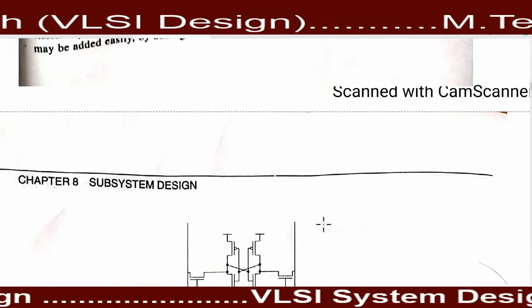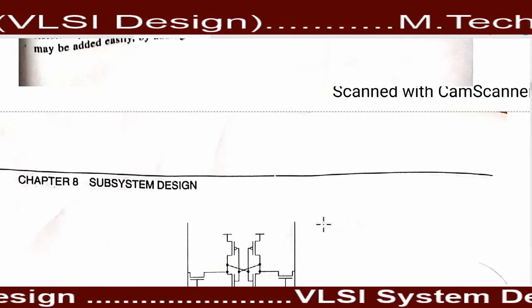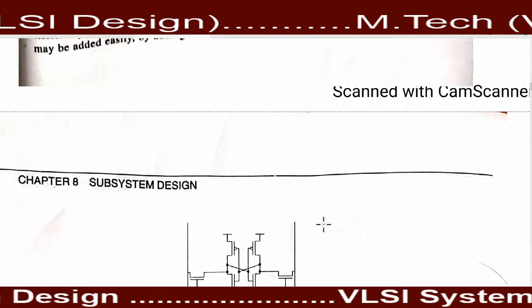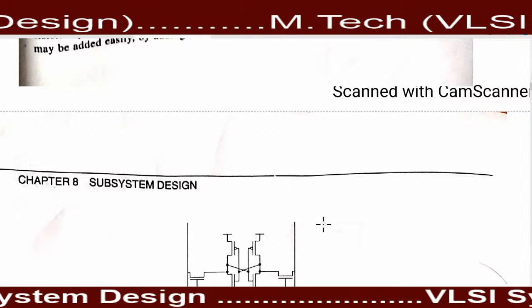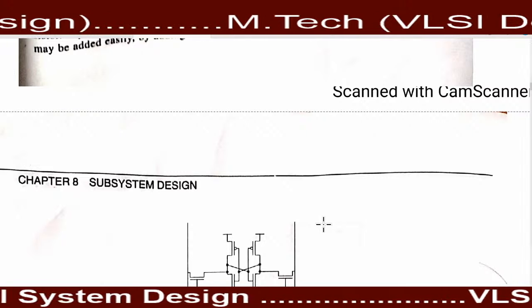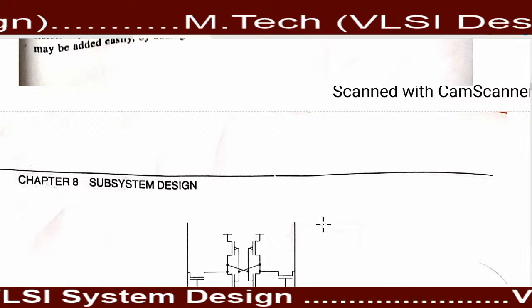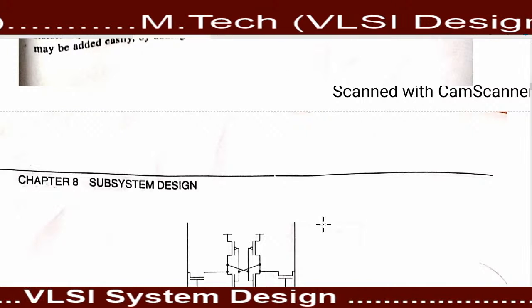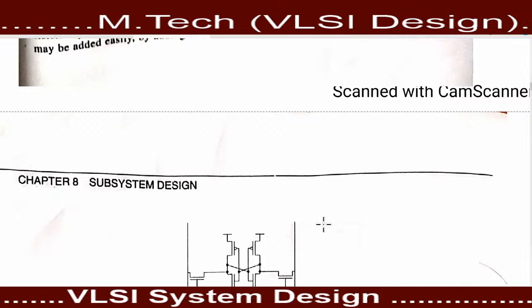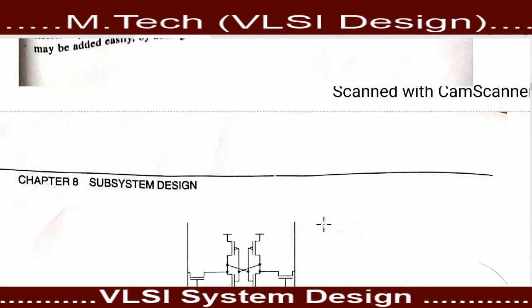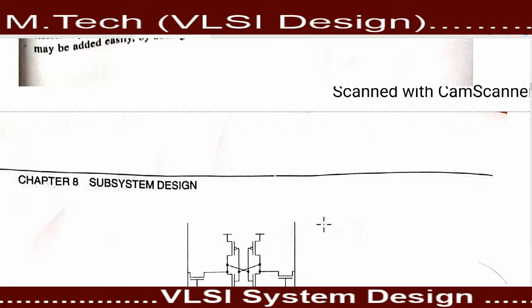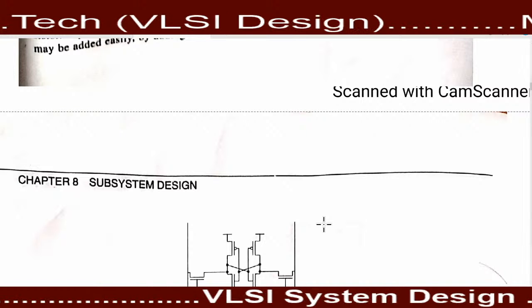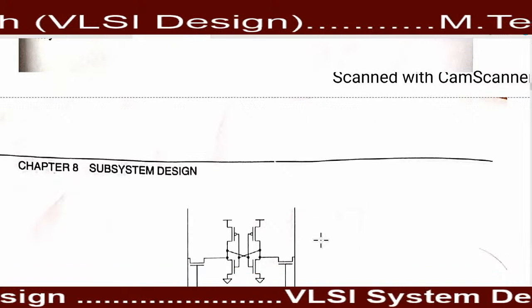In some types of cells, we can replace a transistor by using a resistor, because in this type of memory, the PMOS is only used as a load. So we can replace it by using a resistor for reducing the power dissipation.